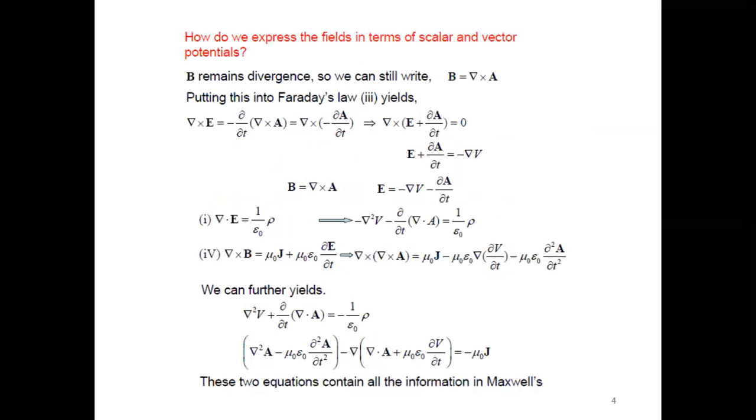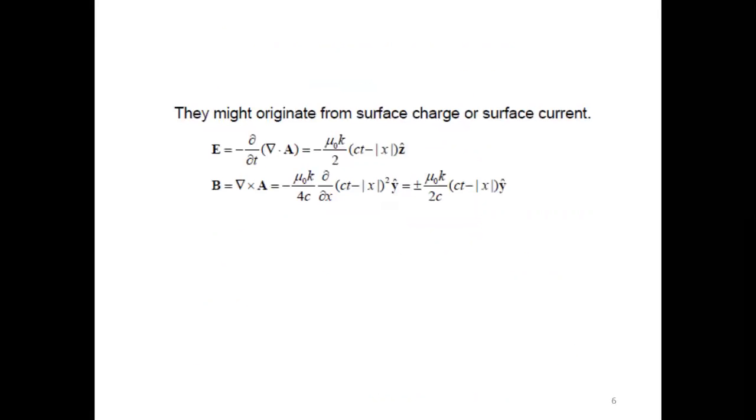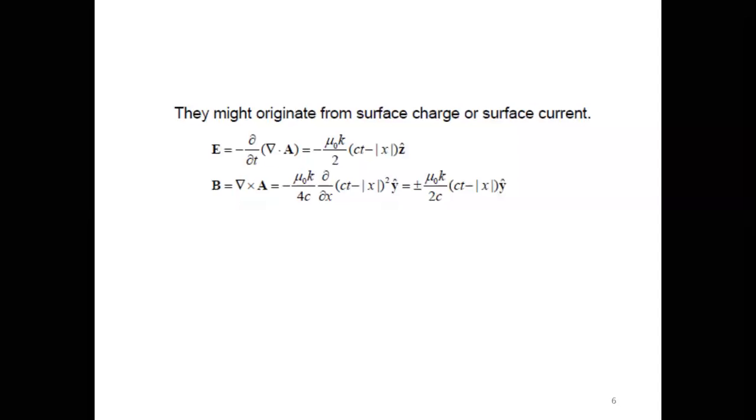So now let us calculate electric and magnetic field. We can calculate using this relation, E equals to minus grad V minus dou A over dou t, and magnetic field we can calculate using curl of A. So after solving we get electric field E equals to this, which is a non-zero term, and magnetic field B equals to this, which is also non-zero. So these electric and magnetic fields are basically produced due to the surface charge or surface current.